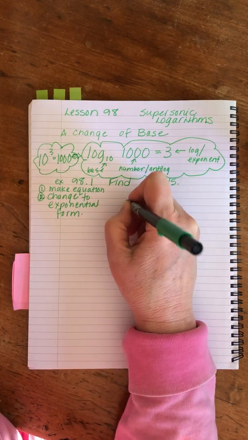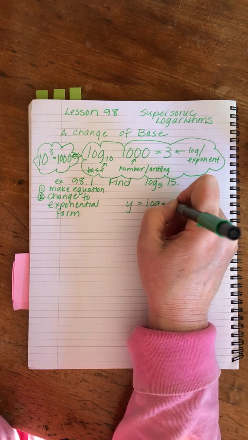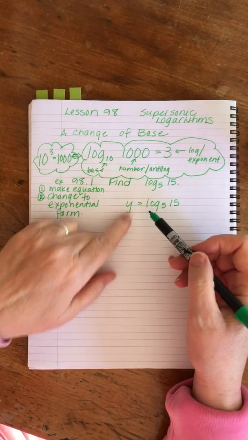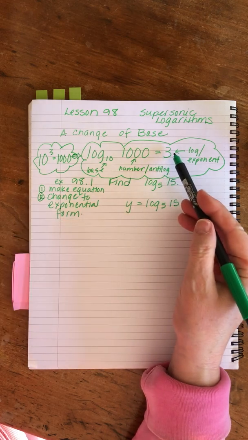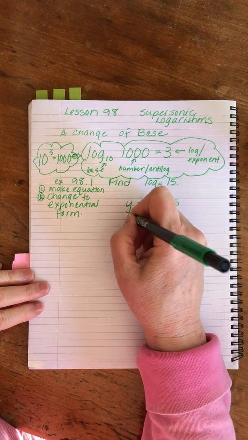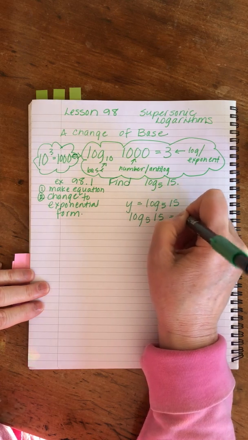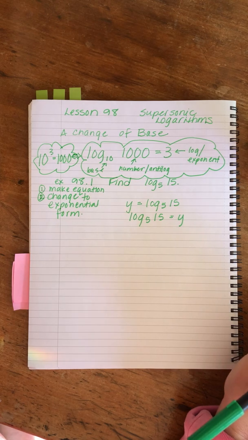We're going to write y equals log base 5 of 15. Okay, that was not very hard, but that sets us up into the proper form, right? Because we need to have equals. And we could have done it in the other order, right? We could do it that way. It doesn't matter either way.